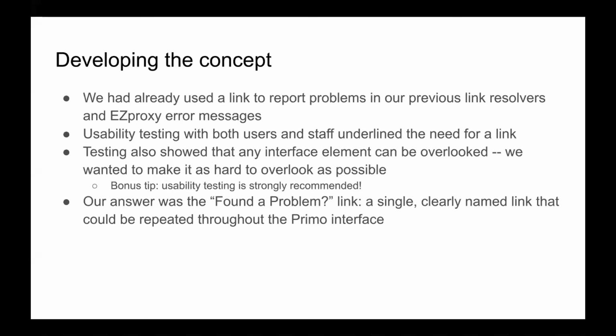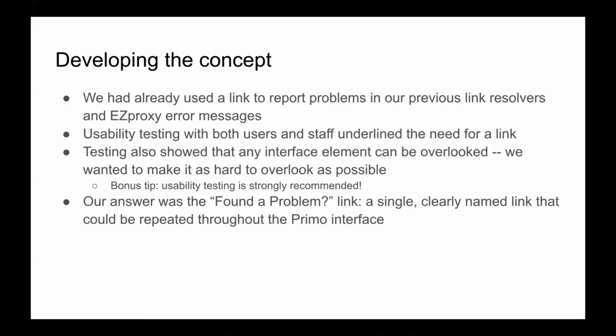At first, we used a shared spreadsheet for the problems found, but one of our librarians, Debbie Bezanson, pointed out that a problem reporting link would be useful for collecting those problems. And she also strongly advocated for a user-side link for patrons after go live. That was the critical point that started us really thinking about how to use the Found a Problem link.